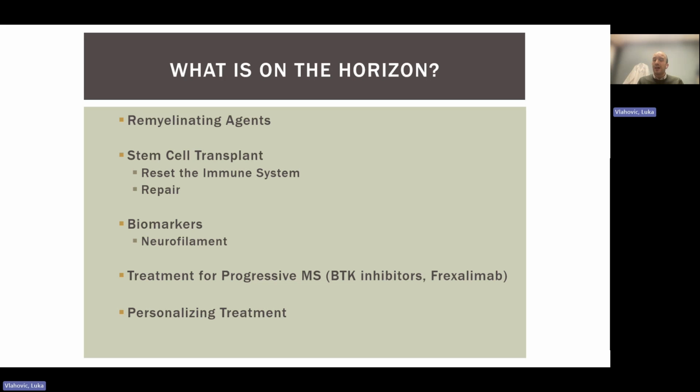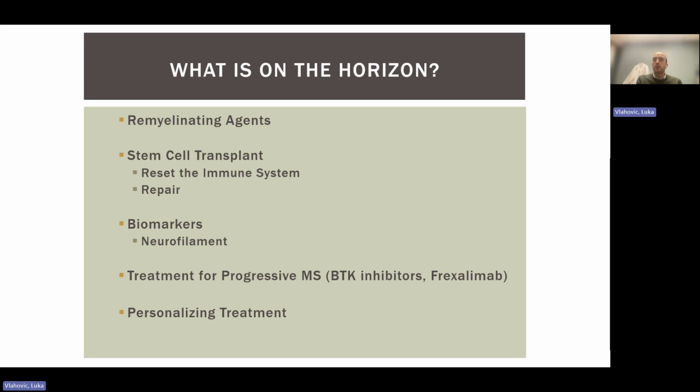For example, there is a new class, BTK inhibitors. There are a few of them that unfortunately did not show efficacy, although we had high hopes. But one of them, tolebrutinib, had data just presented at ECTRIMS, the European MS conference, showing that it can be helpful in more progressive forms of MS and slow down disease progression. So that's exciting, and we'll see.